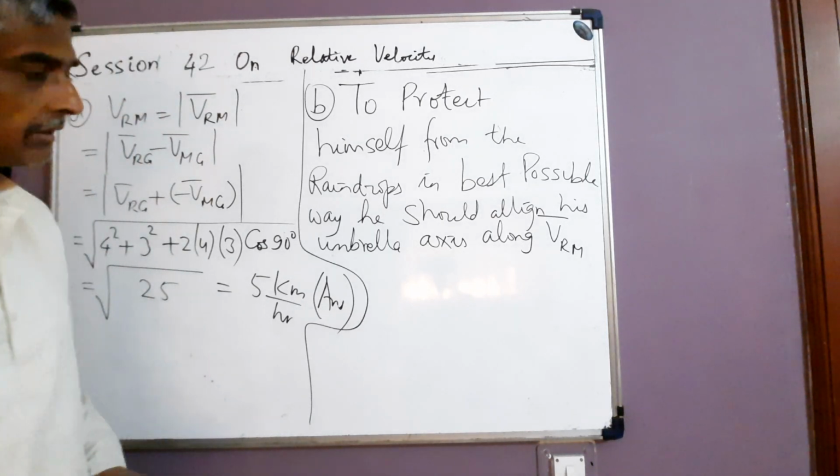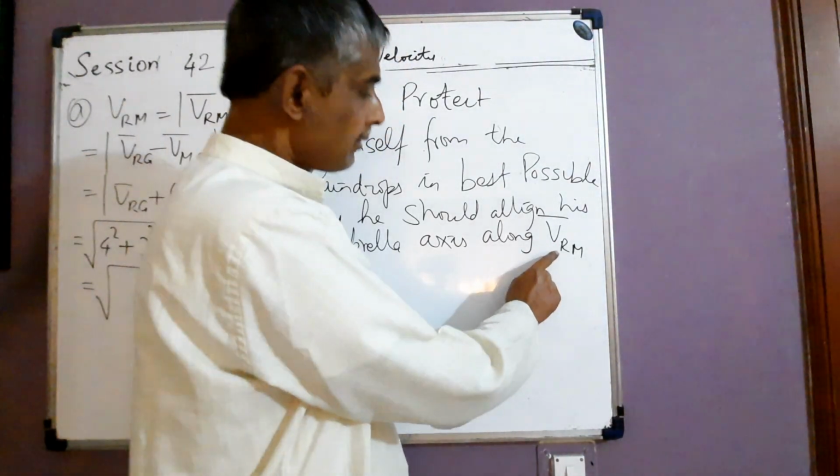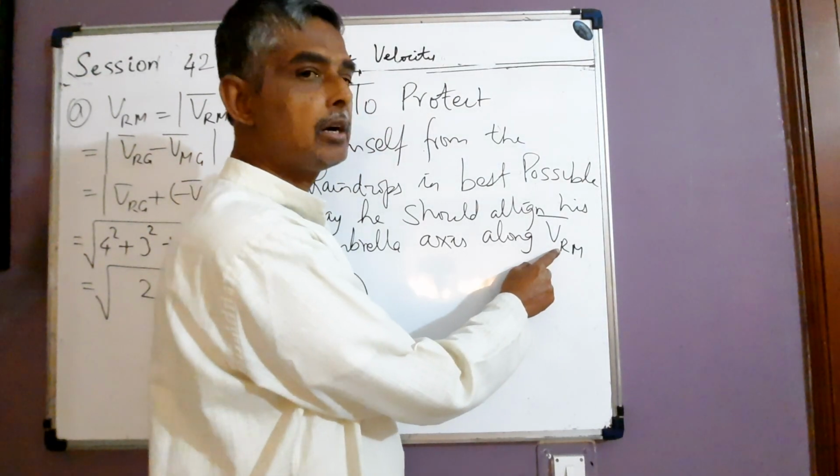So that is the velocity of raindrop as seen by person. Fine. So now we have to find the direction of VRM with the upward vertical.